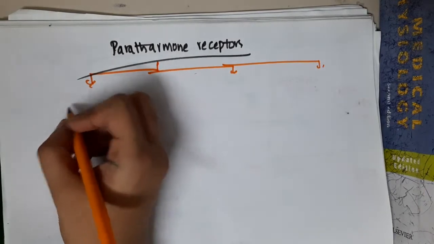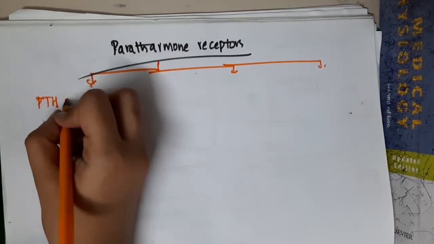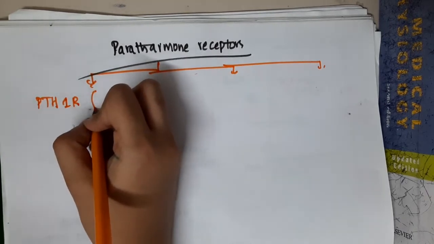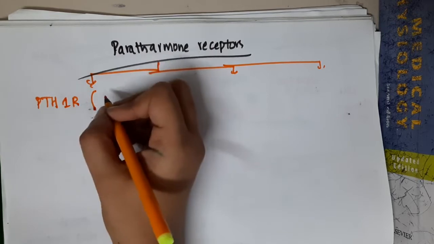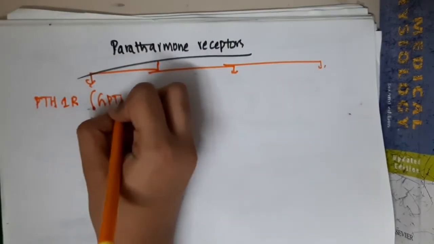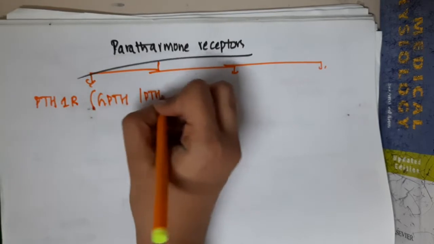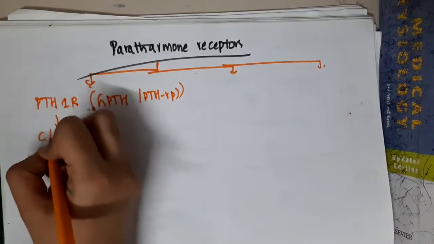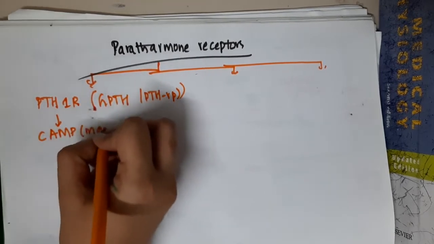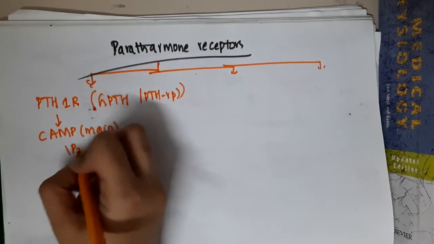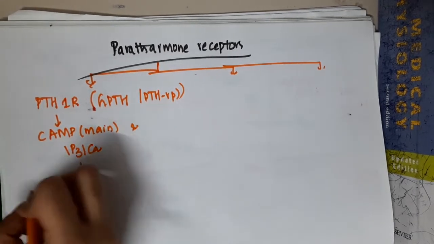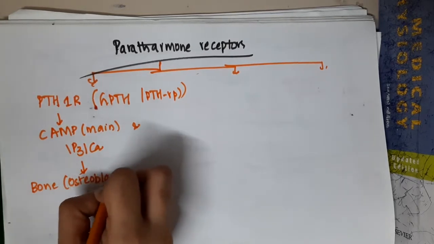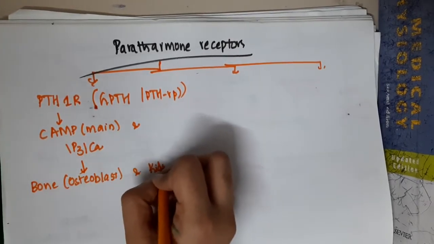One is PTH1 receptor, which is for the hormone parathormone, and parathormone related peptide will also bind to this. This acts via cyclic AMP as the main pathway, and additionally it also acts via the IP3 calcium pathway. Thus this is present on bones, on osteoblasts, and it is present on kidney.